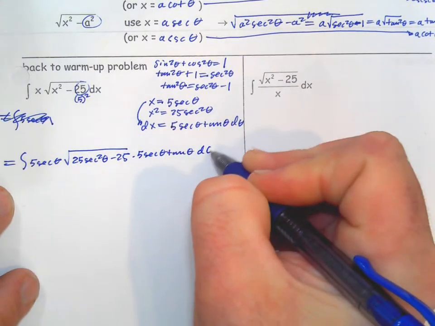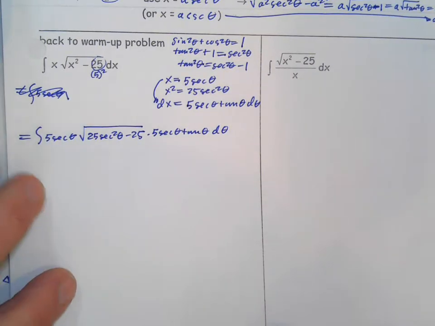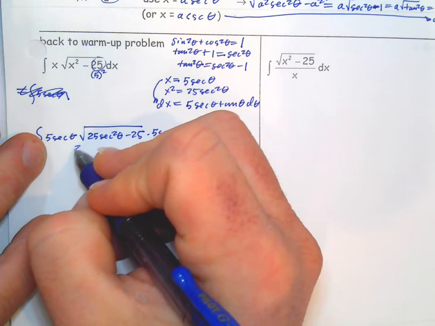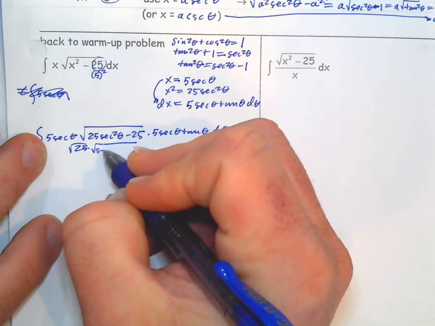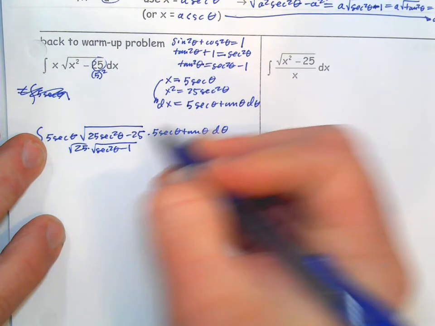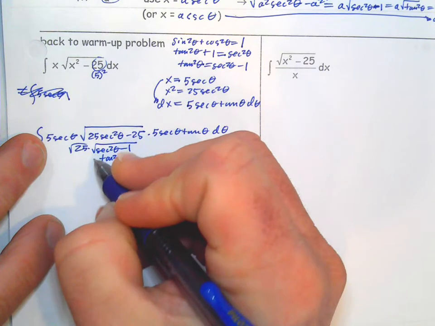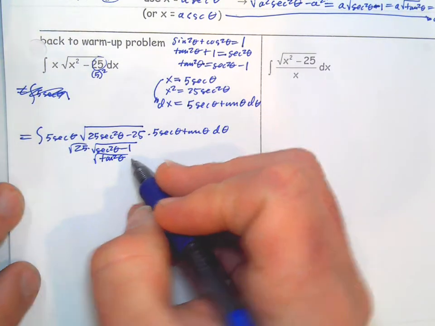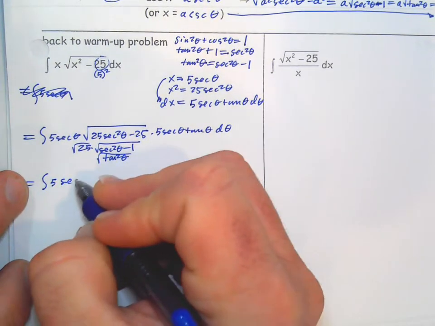So when you do substitution, you got to get rid of all the x's and replace it with all the new variable. Now, this right here, this is where you get in the 25, you're factoring it out of secant squared theta minus 1, which is tangent squared theta, right? The square root of it is going to be, so if I rewrite this, I'm going to have 5 secant.